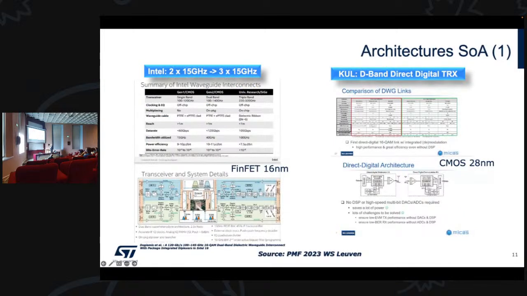A few examples of trends today. You can see this one from Intel. They are using 15 gigahertz bandwidth, which is not very low consuming, but they are looking to do a multi-band approach. Qualcomm is working on a complete digital transceiver.